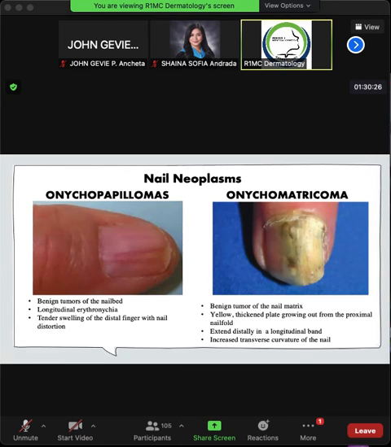It can appear as a cutaneous horn emanating from the proximal nail fold with dorsal pterygium formation. So for your onychomatricoma, a biopsy at the matrix can actually permit your diagnosis.